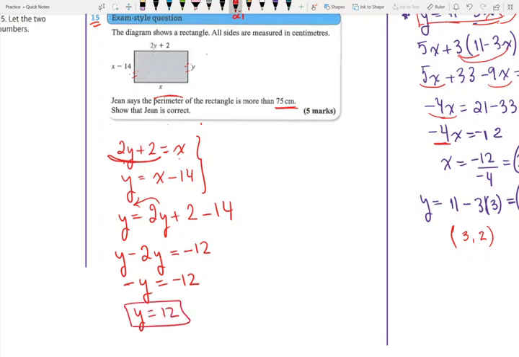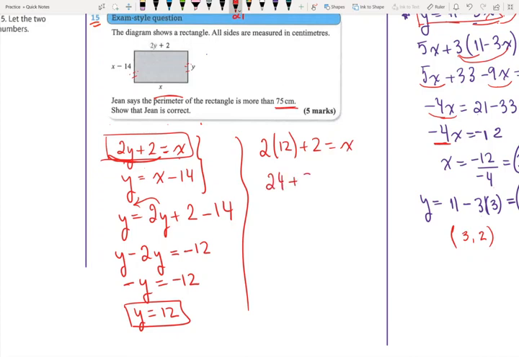So if y is equal to 12, I take the y and replace it in this equation. So 2 times 12 plus 2 is x, so 24 plus 2 is equal to x, so x is equal to 26 centimeters. So y is 12 and x is 26.